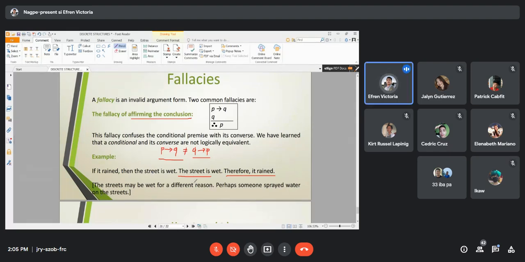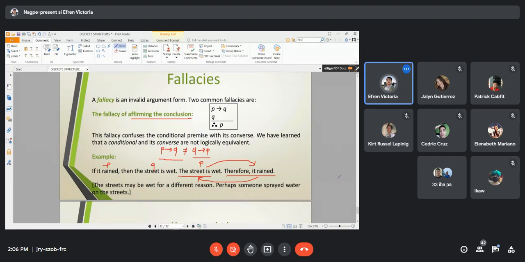So here, we can make this into modus ponens. For example, this is P, this is Q. In modus ponens, P comes first. This becomes P, the it rained goes here, and the street is wet goes to the conclusion. So, when we read the argument, if it rained, then the street is wet. It rained.